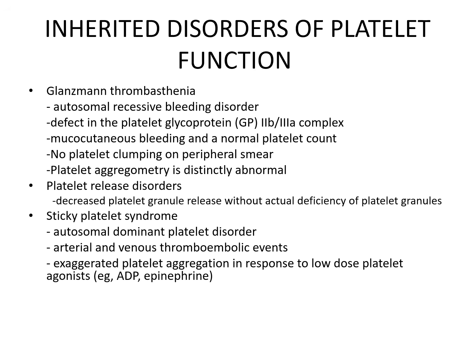So in Glanzmann's thrombasthenia, there is a problem in platelet aggregation. There will be mucocutaneous bleeding and no platelet clumping on peripheral smear, which is expected. The platelets will not aggregate together because this receptor is defective.